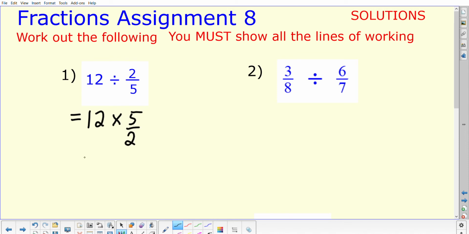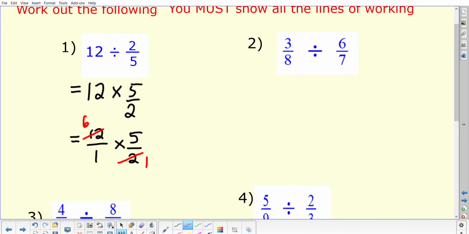You should know that we can write 12 as 12 over 1 times the 5 over 2, and we're then looking to do any cancelling, so we can cancel between the 2 and the 12 here, and we get down to our answer of 6 times 5.